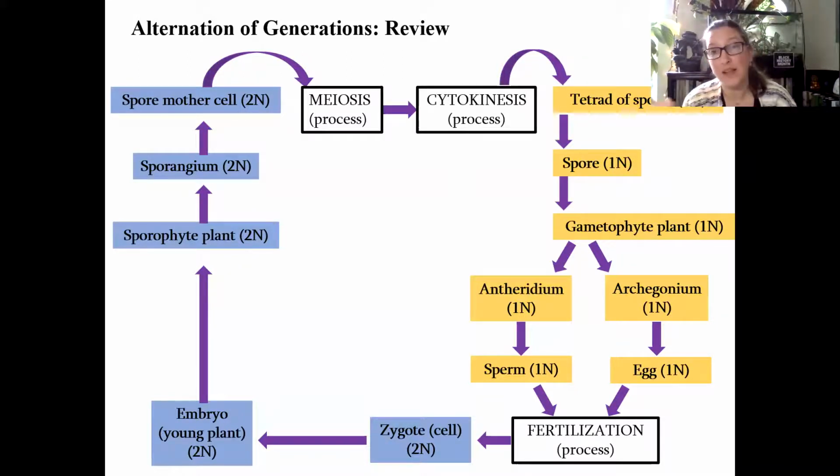And then the things on the right side of this slide that are in orange are all haploid things, the result of meiosis and cytokinesis. And those things either grow into the gametophyte plant, are the gametophyte plant, or are things on the gametophyte plant, like the antheridium and archegonium, or are things that the gametophyte plant makes, right? Egg and sperm. Okay.